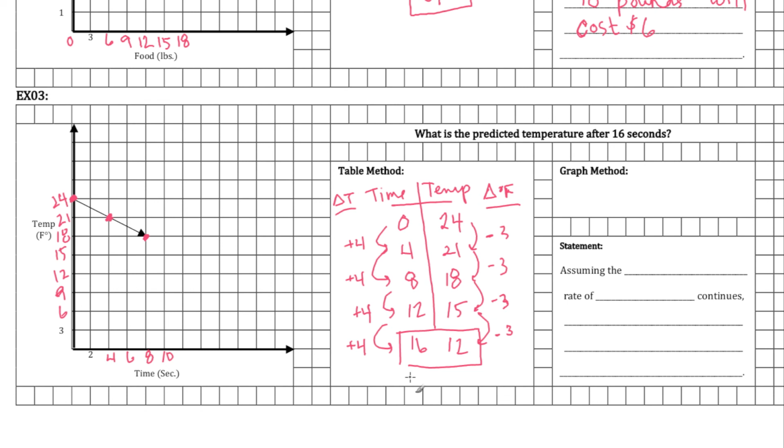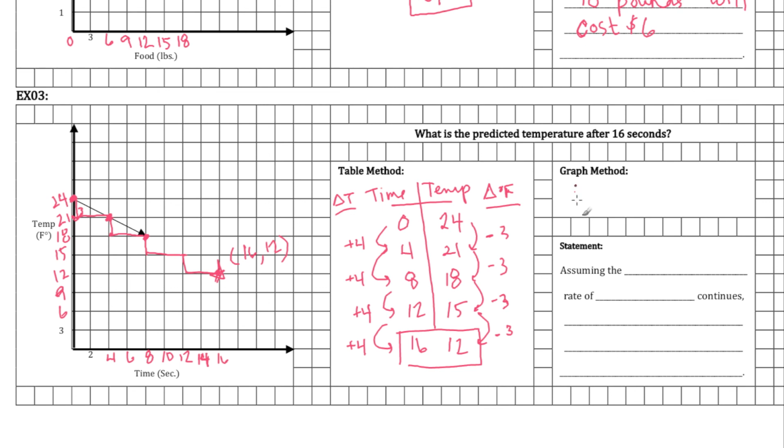Let's see how I would get that on the graph. So I go down 3. Remember, that's really 3, and the right is not 2, that's actually 4. So down 3, right 4, down 3, right 4, down 3, right 4. Let me make sure I know where I'm getting to. 16, 12. And that would be 16, 12 once again.